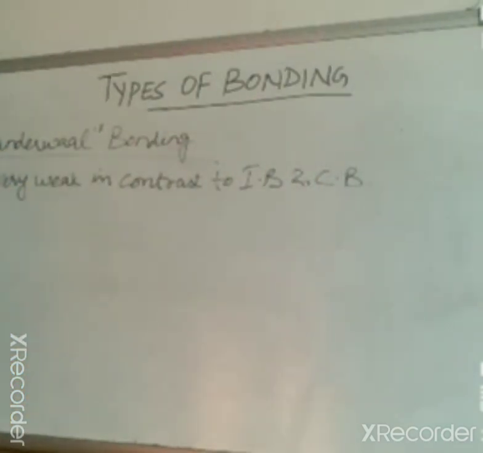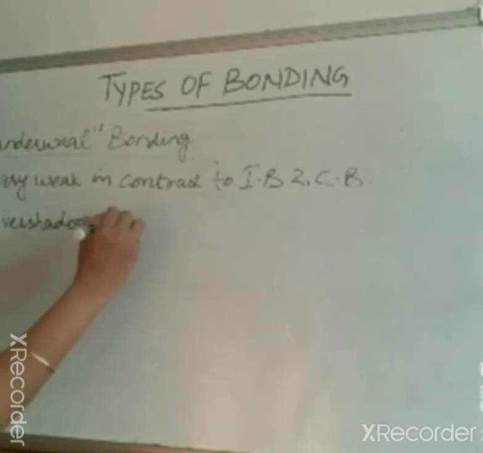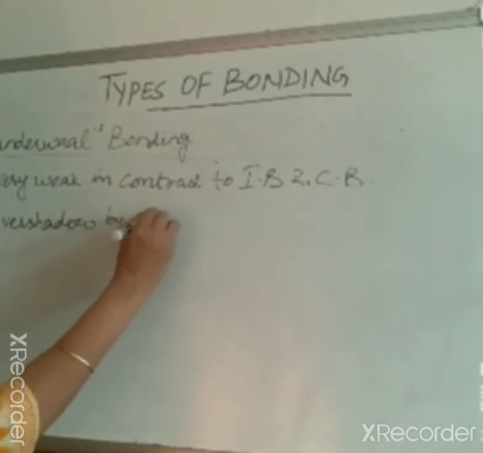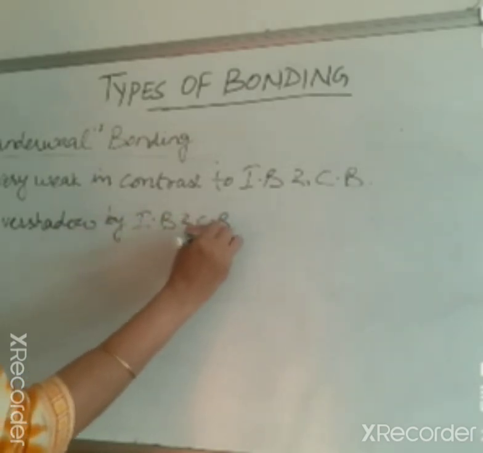Second point, this type of bonding is found in all the materials, but as ionic and covalent bonds are stronger than these van der Waals bondings, so these bondings are overshadowed by ionic bond and covalent bonds.